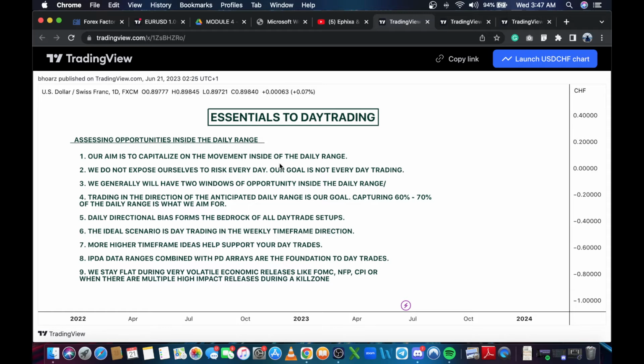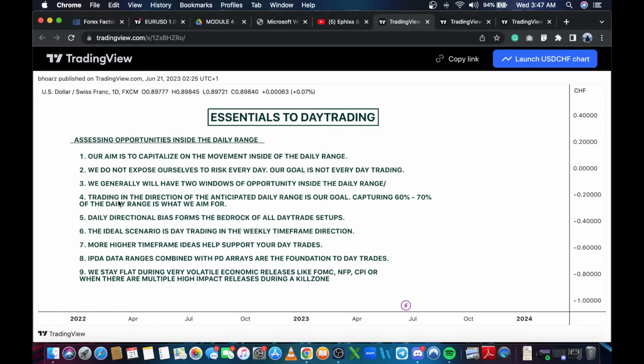But generally, around 80 to 90% of the time, if both London and New York trade in the same direction, then London close would cap off the higher low of the day. Or if New York reverses against London session, then London close would still classically cap off the low of the day.